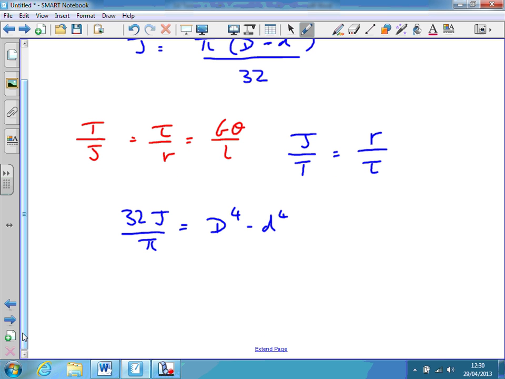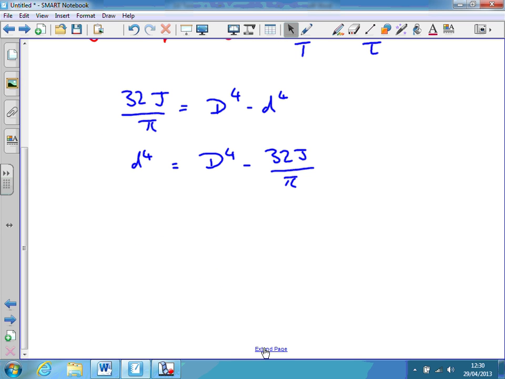We're after little d to the 4, remember, so add that to both sides to make it positive, and subtract 32J over pi. We end up with little d to the 4 equals D to the 4 minus 32J over pi. So now I can work out what little d to the 4 is, and at the end I just find the fourth root.